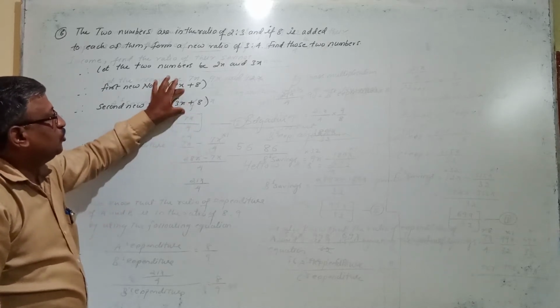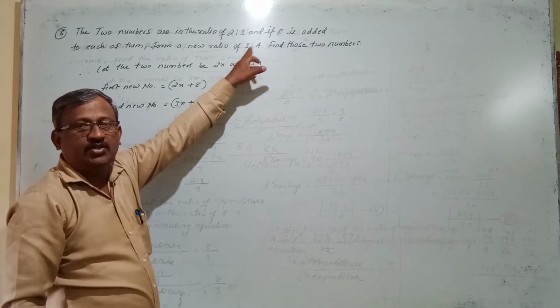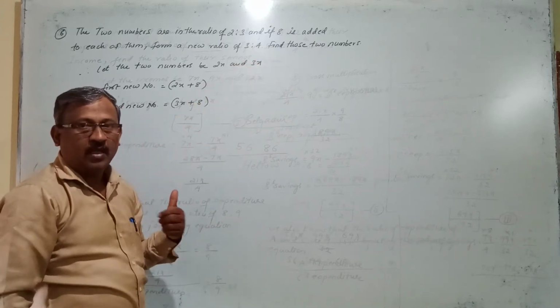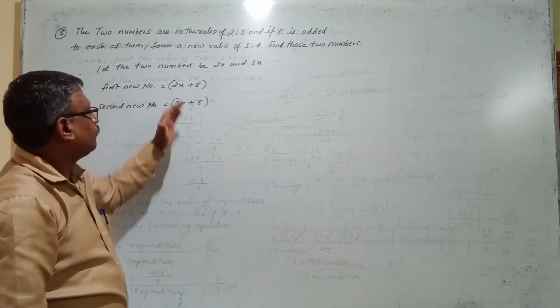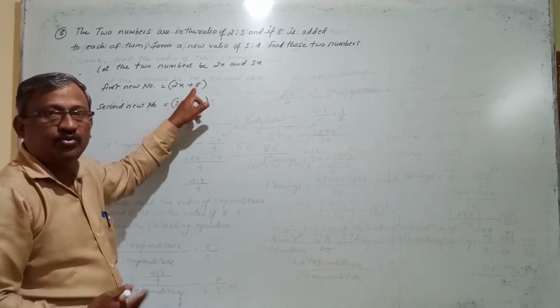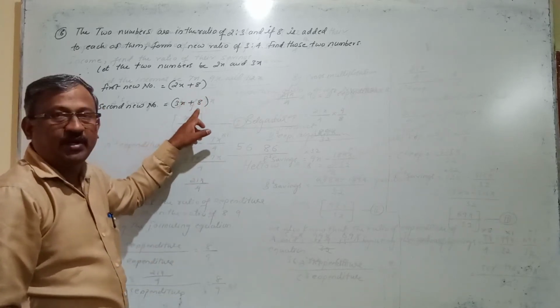And if you take these new numbers and find the ratio, it comes to 3:4. Now I want to calculate the ratio of these two numbers. How can we calculate the ratio? First new number divided by second new number. I will express the ratio in division form.